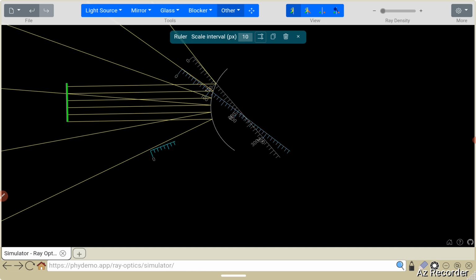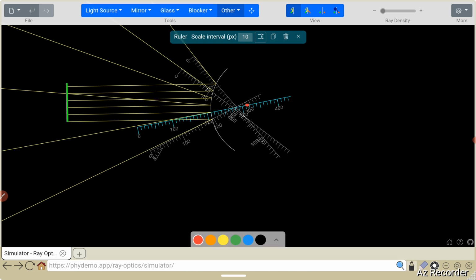Now this is one more reflected ray. And this is one more reflected ray. Have you observed? They are meeting at one point and this is that point. So this point is what? Focus. Understood? This focus is due to the extended rays. That's why this is called what? Virtual focus.